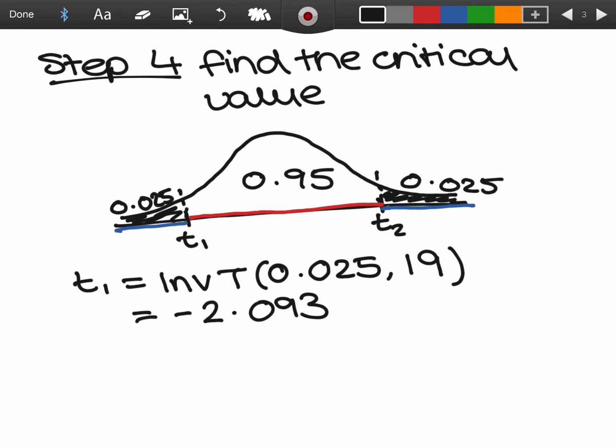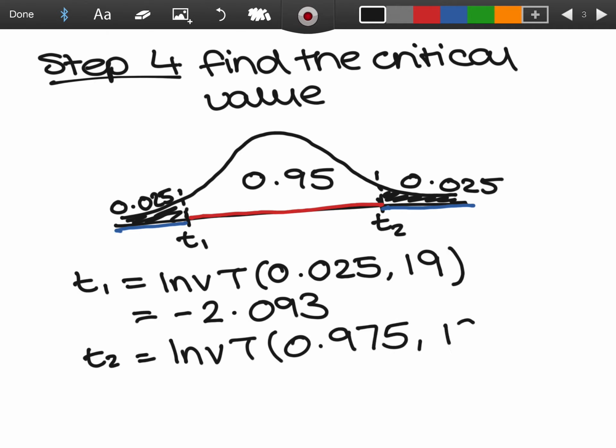In the same way, for t2, the area to the left of it is going to be 0.025 plus 0.95, which is 0.975. Again, it has the same degrees of freedom, which would give you the positive of that value, 2.093.